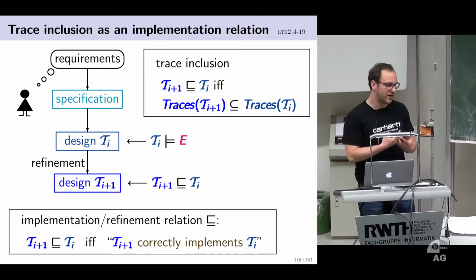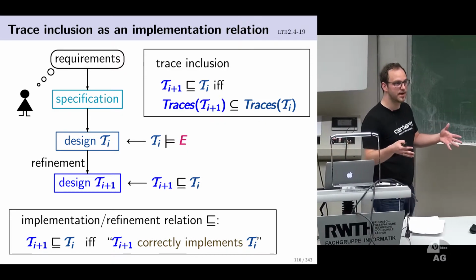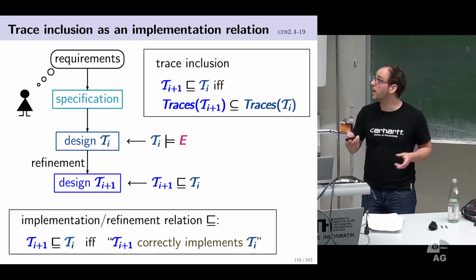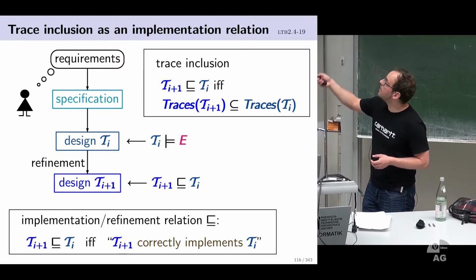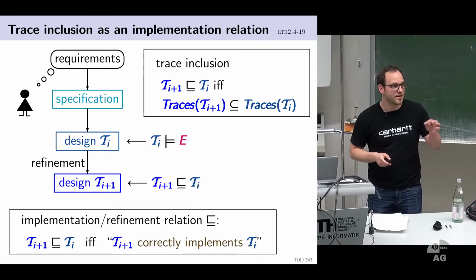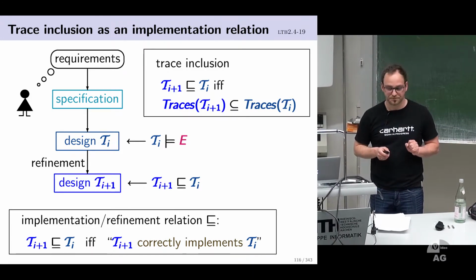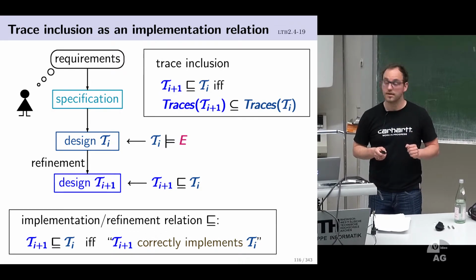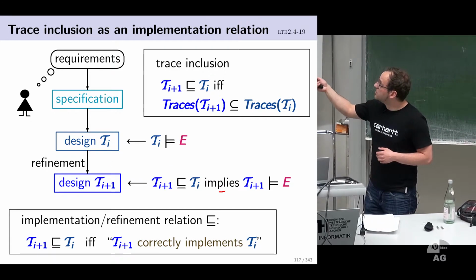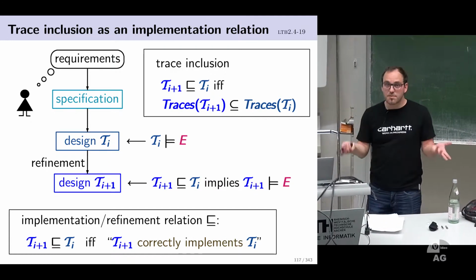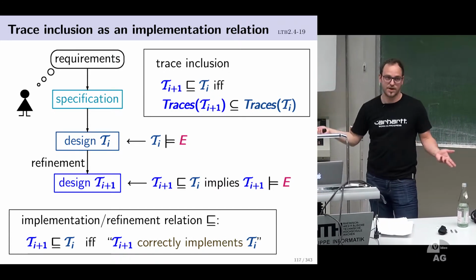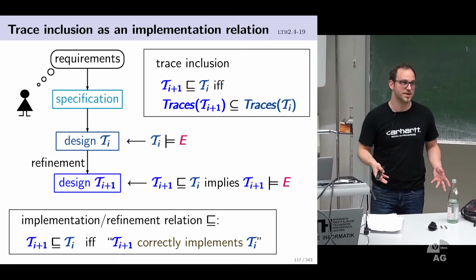If you have a transition system as a design TI and you make it more precise, for example by taking some transitions away, then the traces of the new design TI plus 1 will be fully included in the traces of the previous design. As we've seen, this means that your follow-up design automatically satisfies your linear time property E if your previous design already did so. This is what the previous theorem essentially gives you.